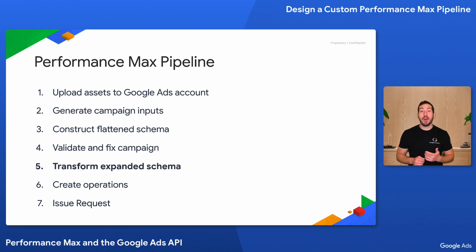The next step in our pipeline is request pre-processing. In doing so, we'll create an expanded version of our schema that more closely resembles the resources you'll actually be submitting to the Google Ads server. In addition, we'll populate our schema with the temporary resource names needed to submit bulk mutate requests.